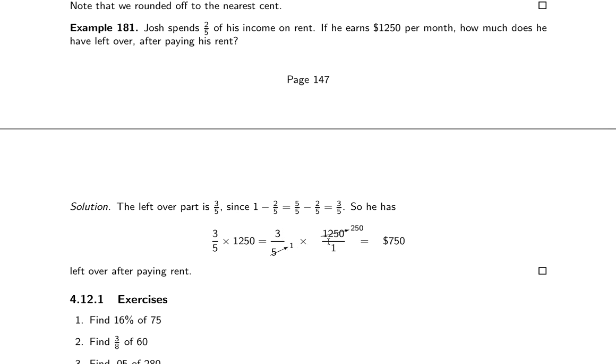So it's 3/5 times 1250 over 1. And here you can cancel 5s. So that's 3/1 times 250 over 1. That's 750. All right, so that's what's left over from his income.